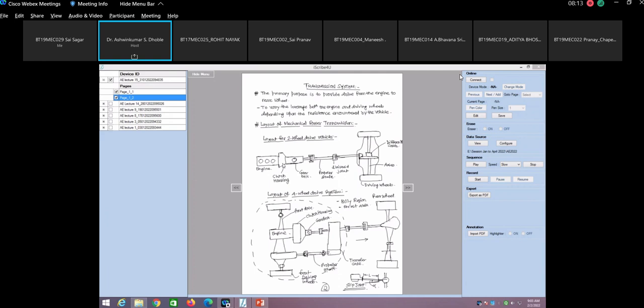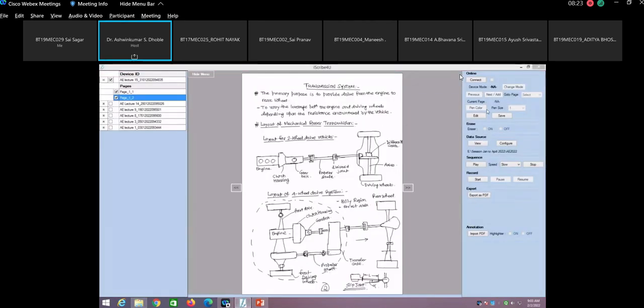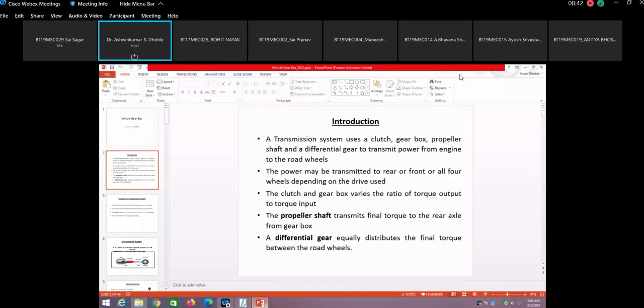Now, today we are going to discuss the transmission gearbox. What are the different types of the transmission gearbox, and what are the advantages and disadvantages of these things. Okay, so I will share the presentation.